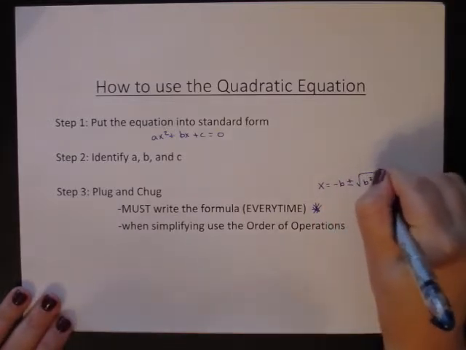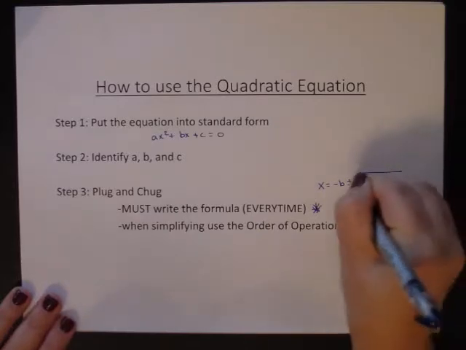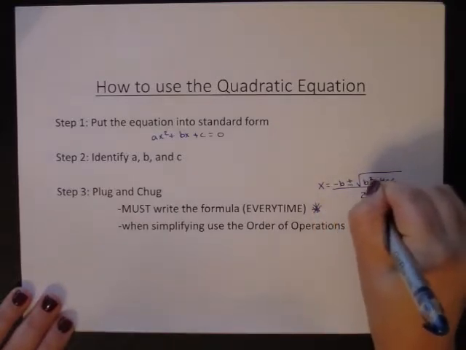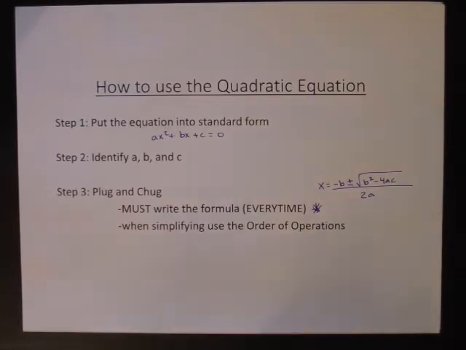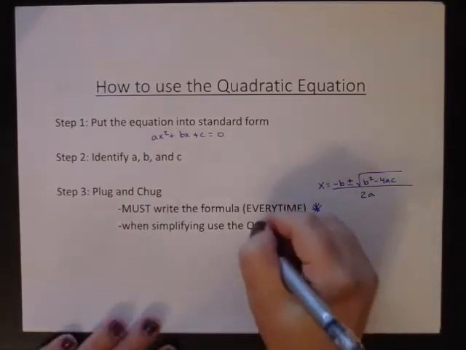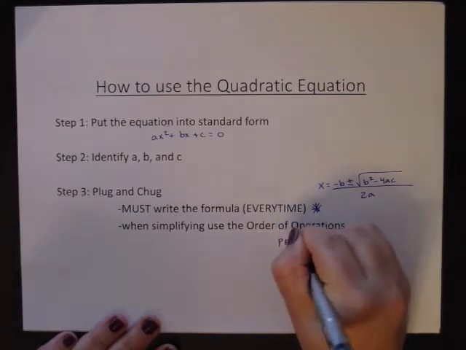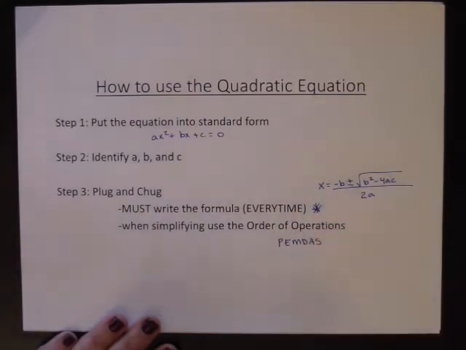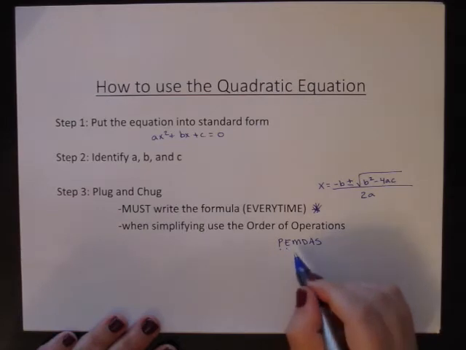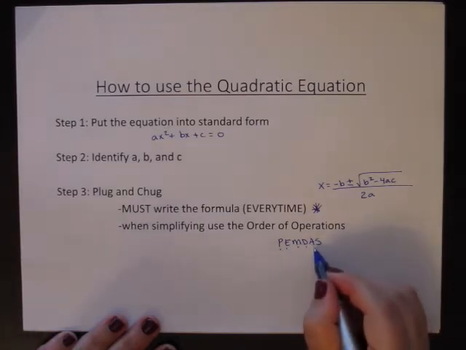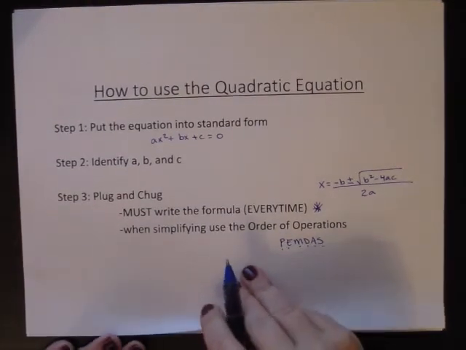The square boy missed out on 4 awesome chicks, and it was all over at 2 a.m. When simplifying, you want to make sure to also use your order of operations. So that's please excuse my dear Aunt Sally, or PEMDAS: parentheses, exponents, multiplication, division, addition, subtraction.